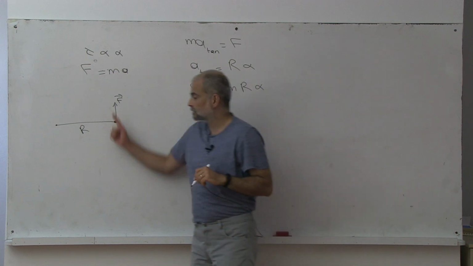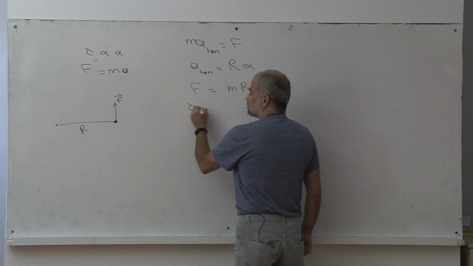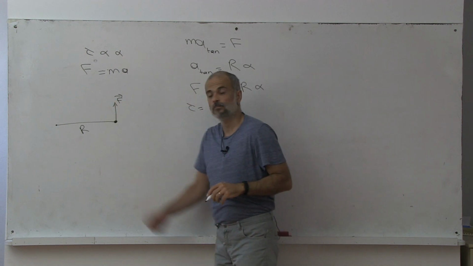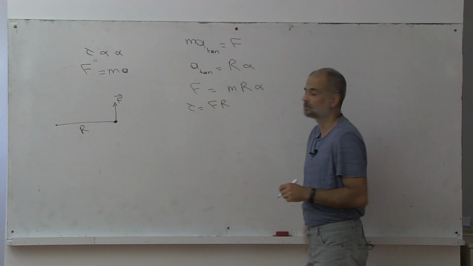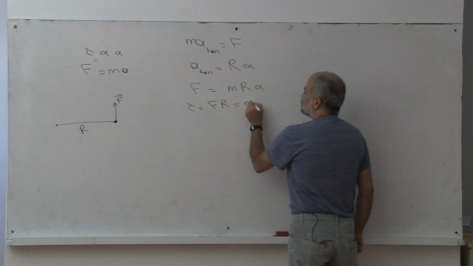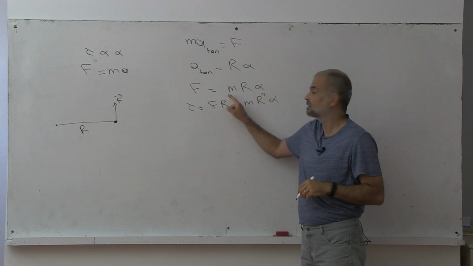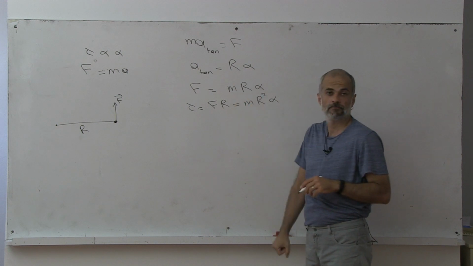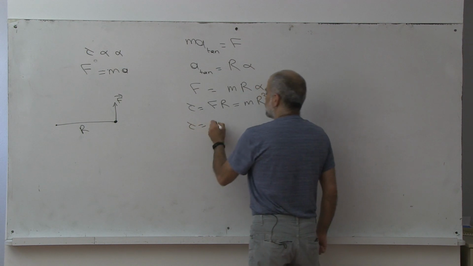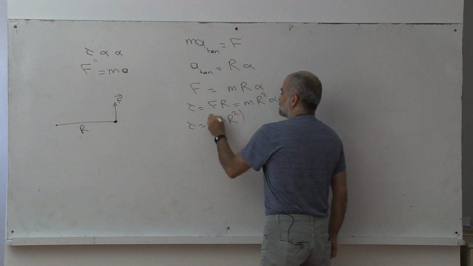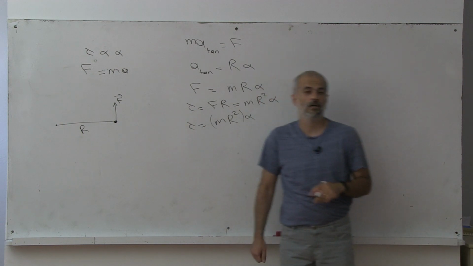The torque in this example is given by the force times this radial distance, which will be equal to m times r squared times alpha, because the force is already determined as m r alpha. So now we have found the relation between the torque and the angular acceleration for a single point object.